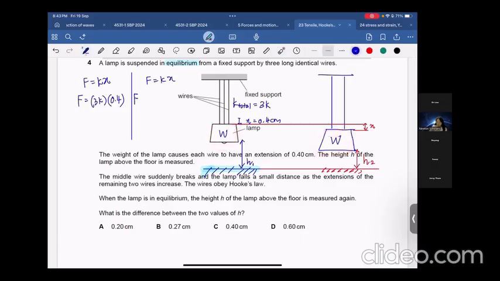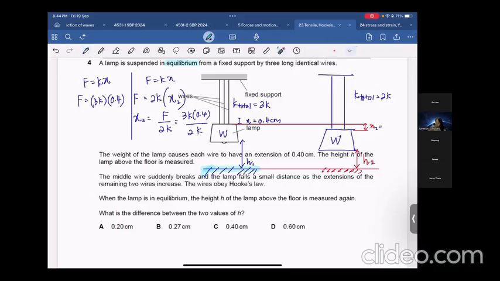But the K here right now is only 2K because only two springs support it. How much does it extend? I label it X2. So your extension X2 is equal to F over 2K. Your F actually is 3K times 0.4 divided by 2K. Am I right? So you will be able to calculate how much is extended in your X2.